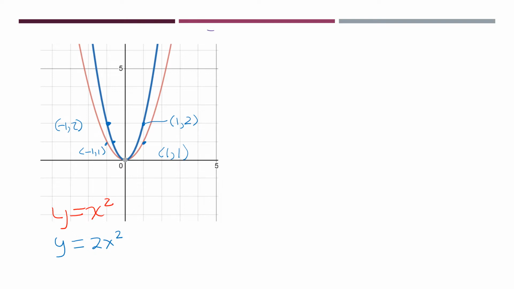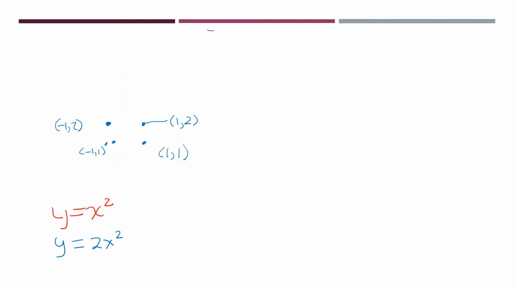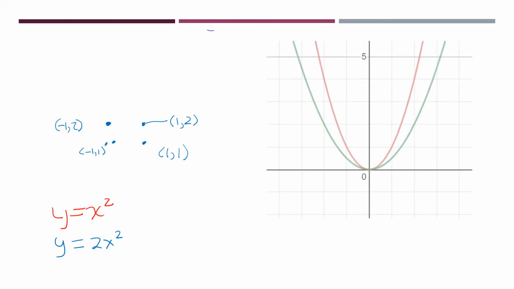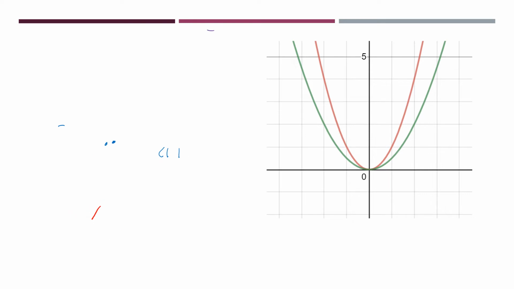Now let's look at the other graph. All right, so on this graph, again, my parent function is in the red, the y equals x squared, and the green is the y equals 1/2 x squared.